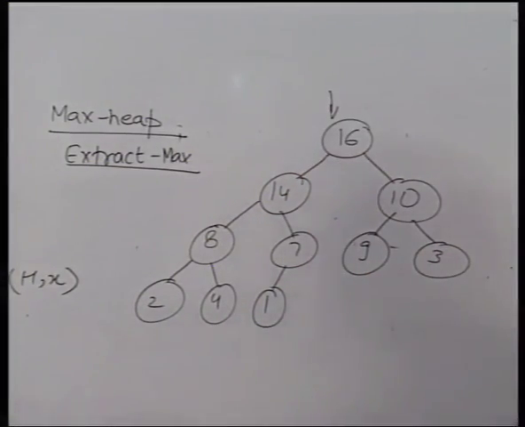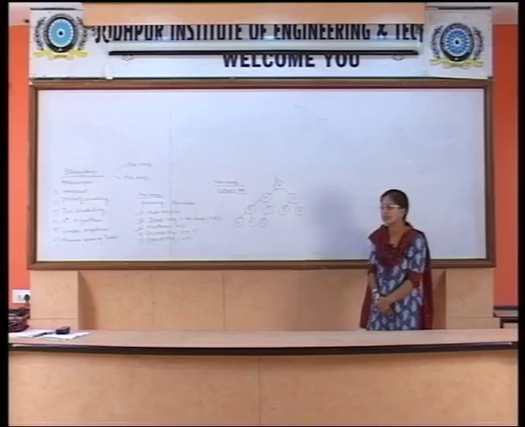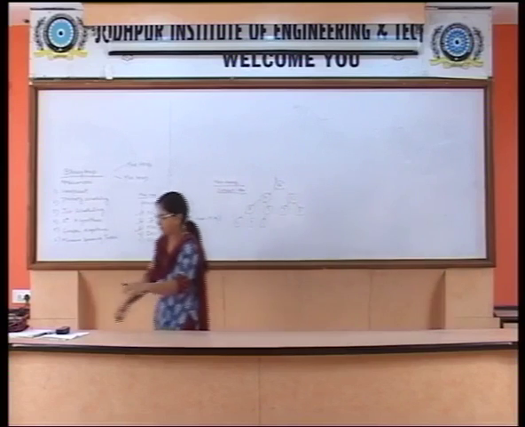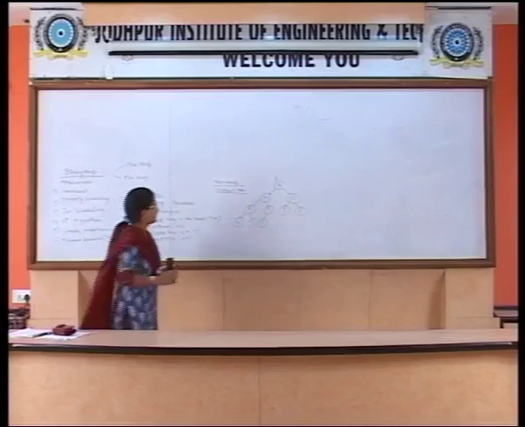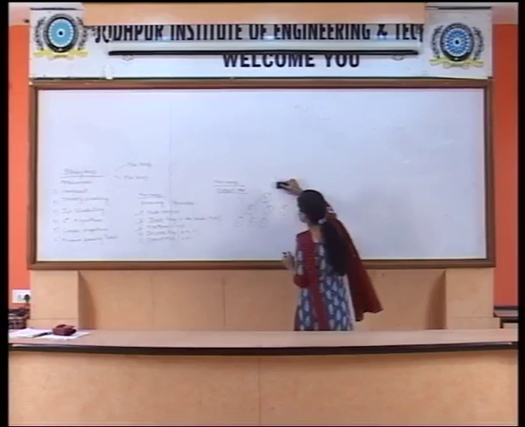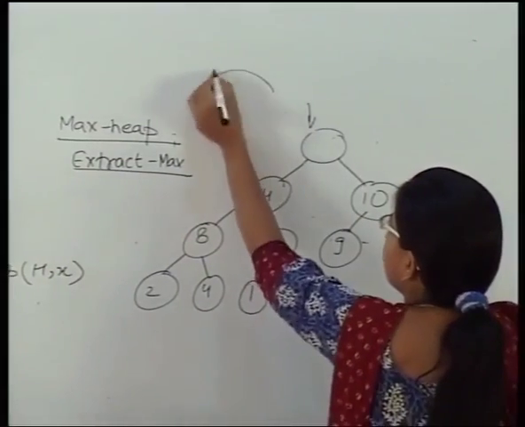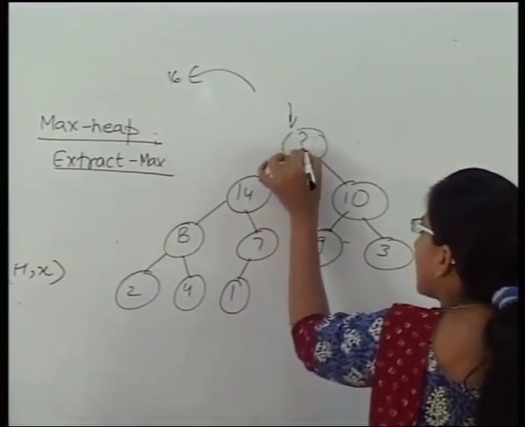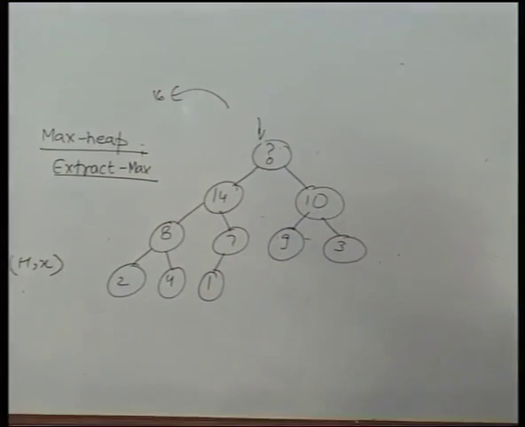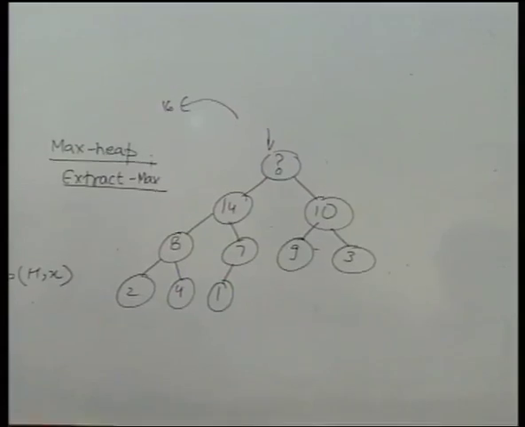So we are supposed to extract this root value 16 from the heap. When this value 16 will be extracted from the heap, we are falling short by one value.